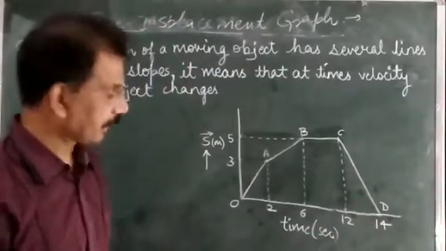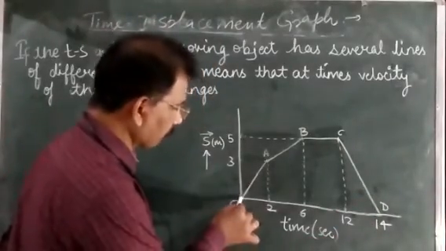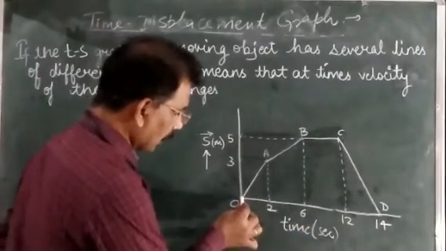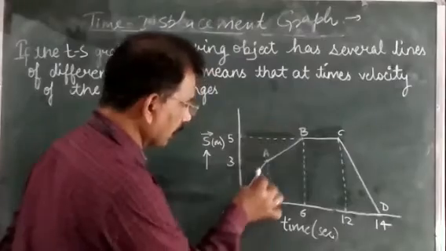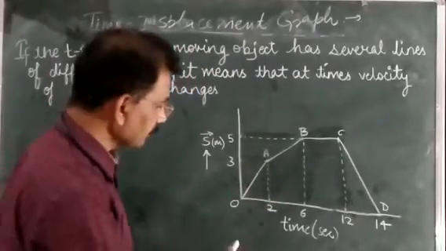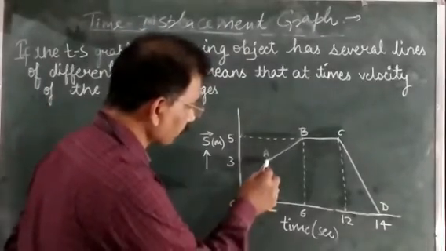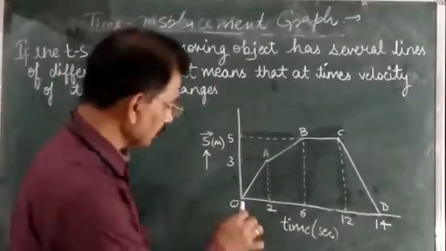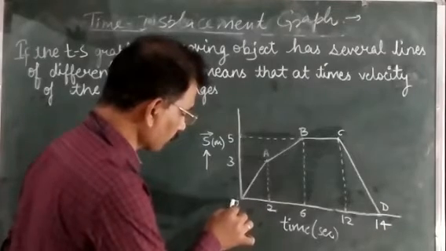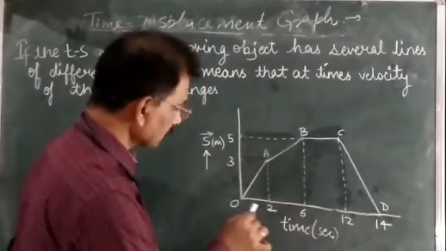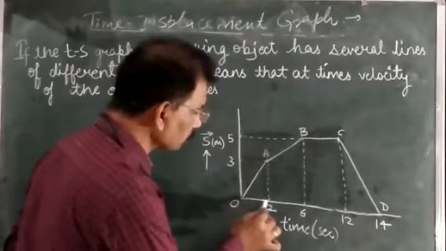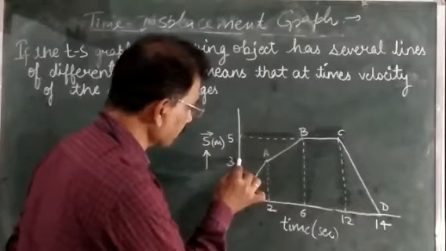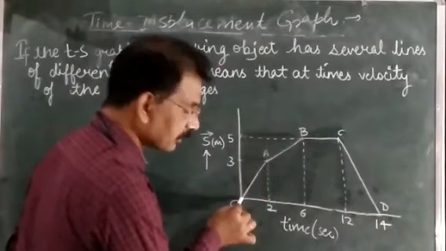Look here, O is suppose the reference point, meaning the origin you take, and O to A represents a straight line, and this straight line shows that the object is moving with uniform velocity away from this reference point in the same direction. It means in the first 0 to 2 seconds, the body moves a distance of 3 meters from this reference point.